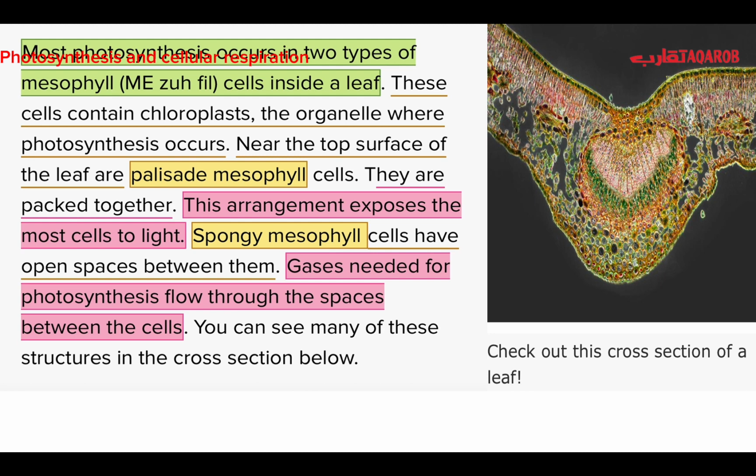The other type of mesophyll is the spongy mesophyll. Spongy mesophyll cells have open spaces between them because gases needed for photosynthesis flow through the spaces between the cells. You can see many of these in this structure.